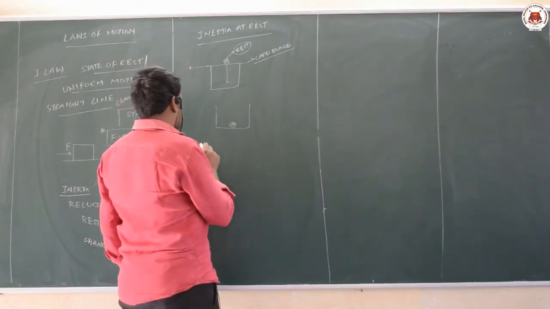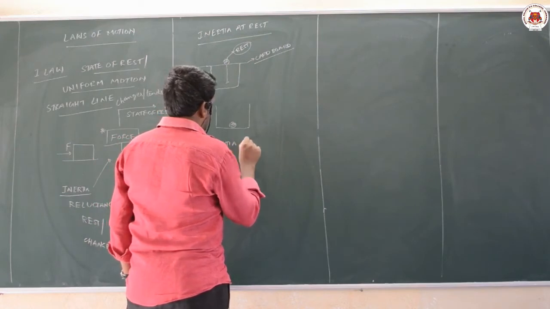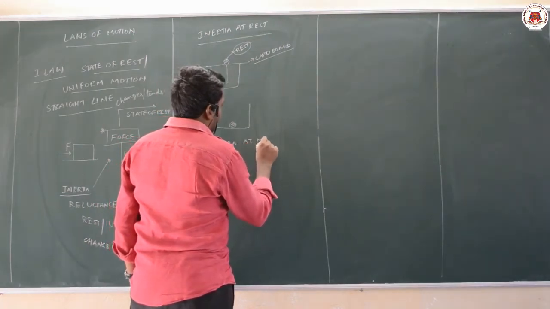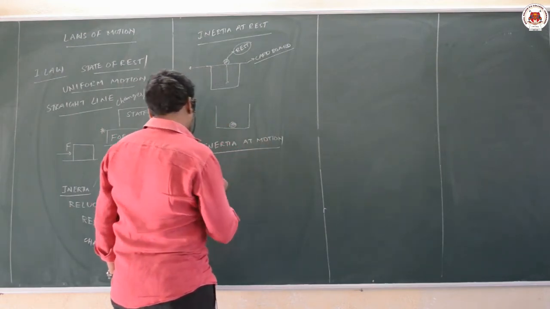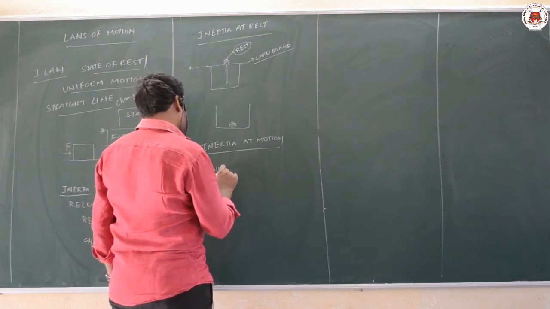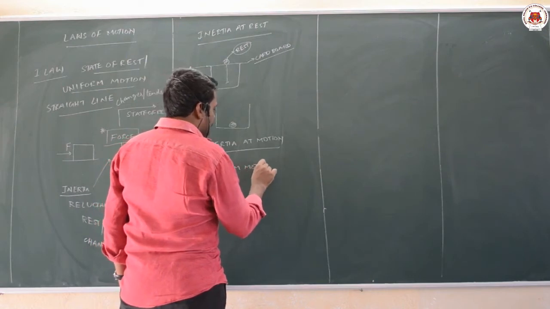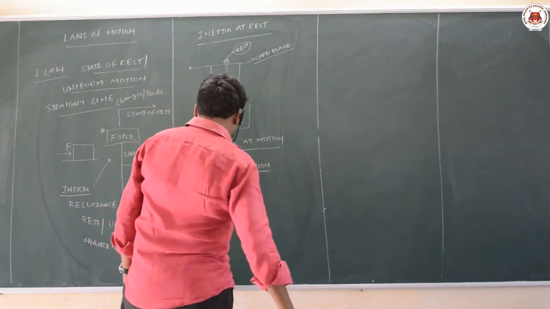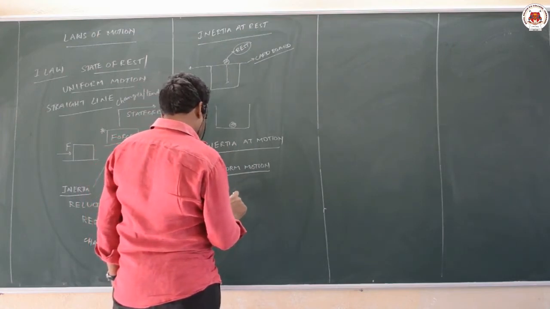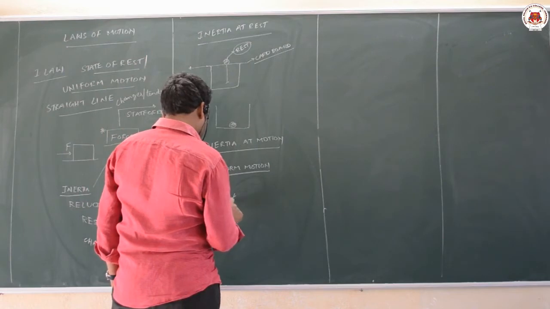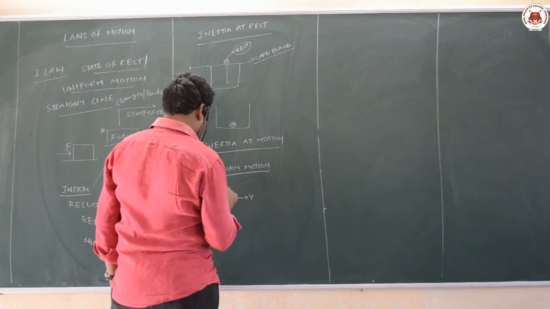And inertia at motion. Inertia at motion is body in uniform motion wants to be in uniform motion only. If a car is moving with uniform velocity, a passenger is standing.